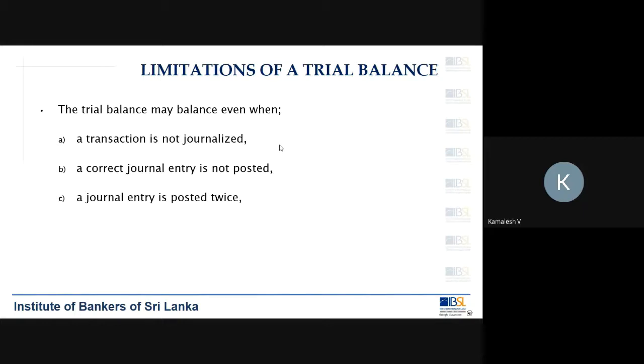Oh, sorry, there is one more. Incorrect accounts are used in journalizing or posting. So you make a payment for electricity, but you go and post it to the water bills account. Possible.